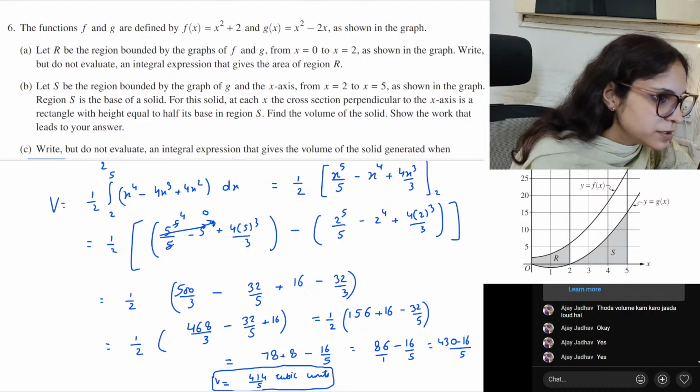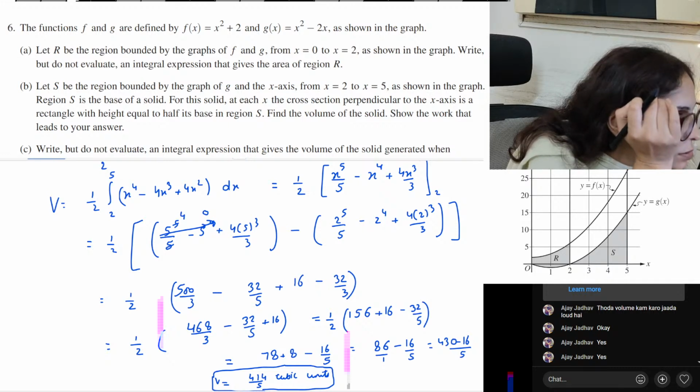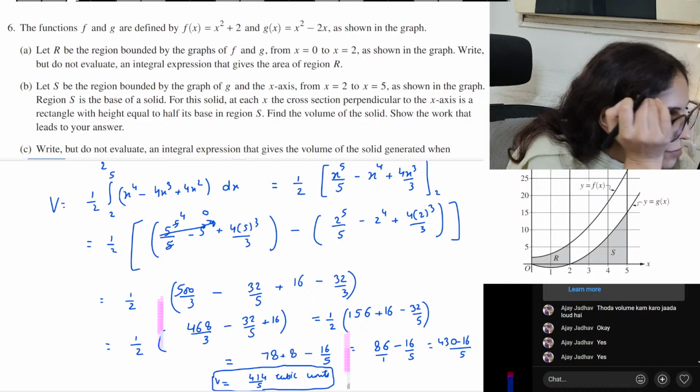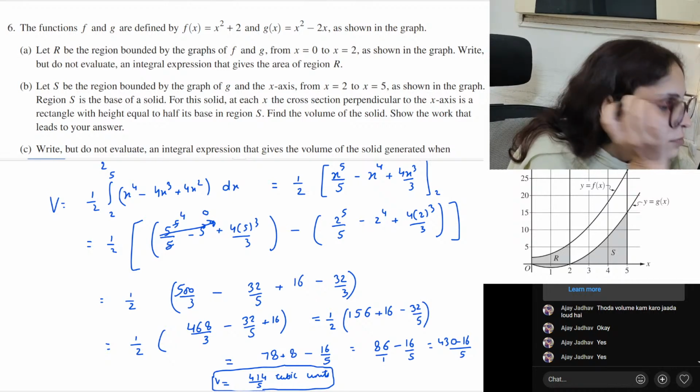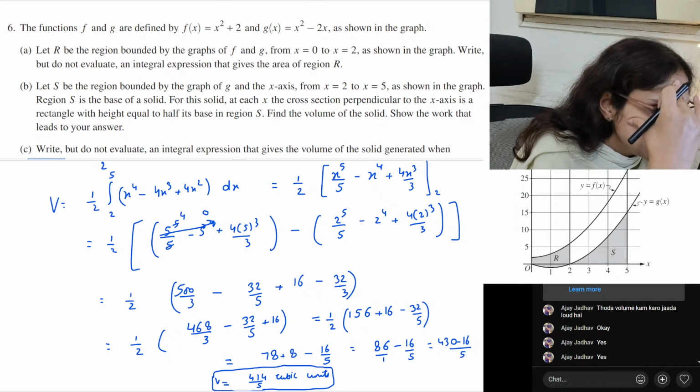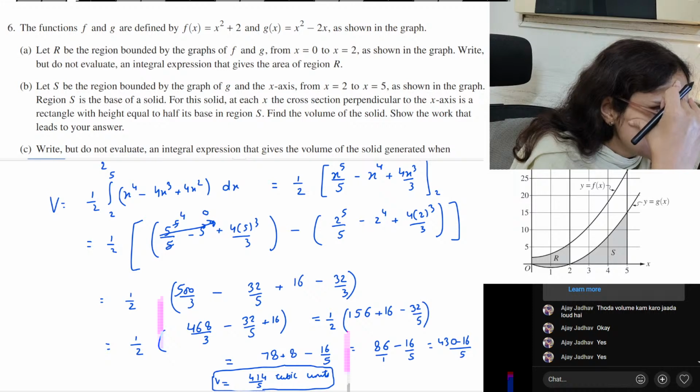Then you're just putting in 5 and 2. 125 times 4 is 500. 32 over 5 plus 16 minus 32 over 3. 500 minus 32 is 468. 156.